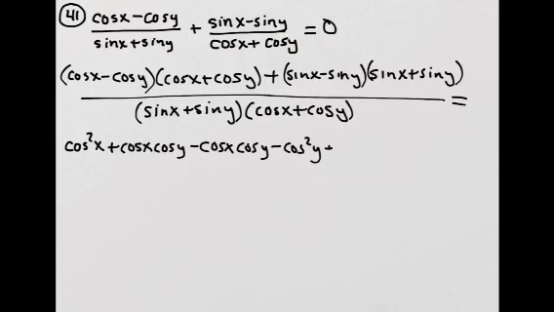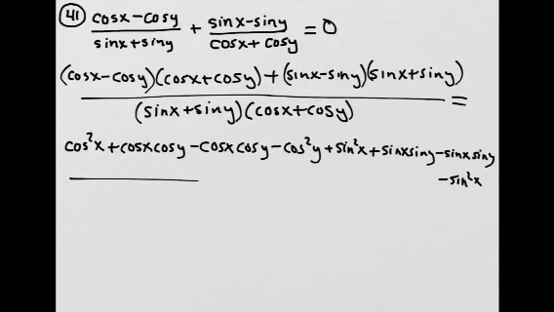That's going to be plus sine squared x plus sine x sine y minus sine x sine y, I'm running out of room, minus sine squared y. See what I mean? You gotta be careful. The denominator, I'm just gonna leave it this way.